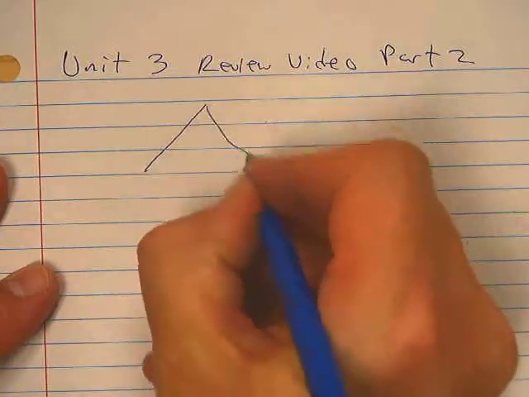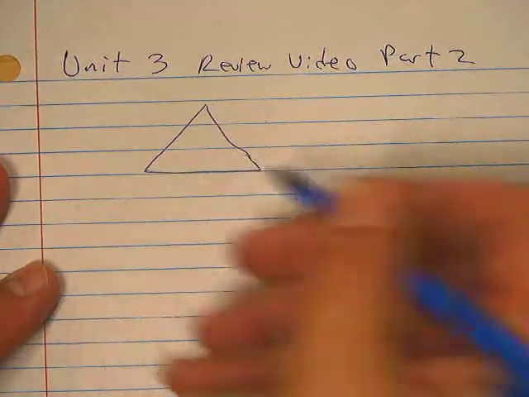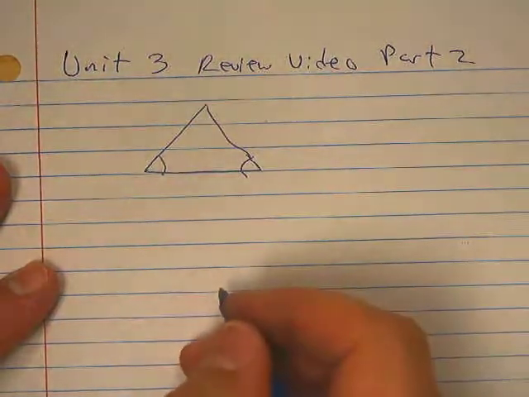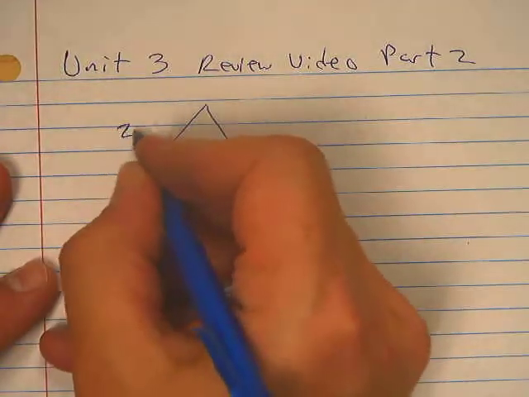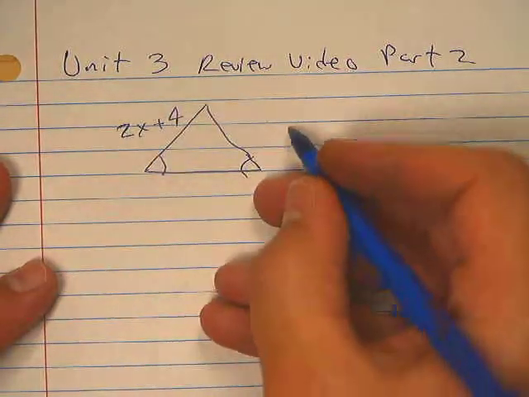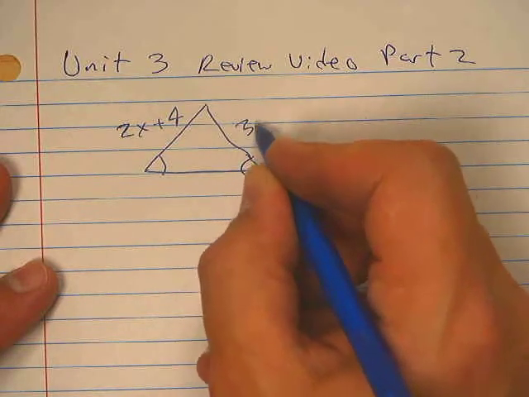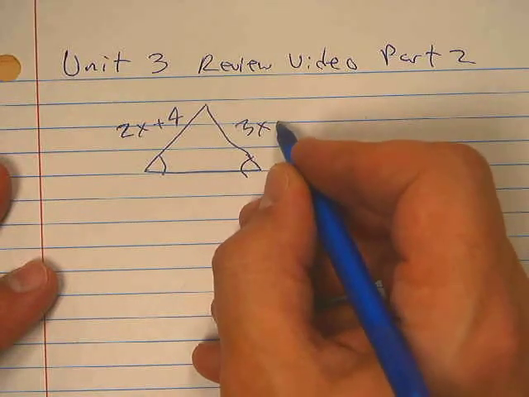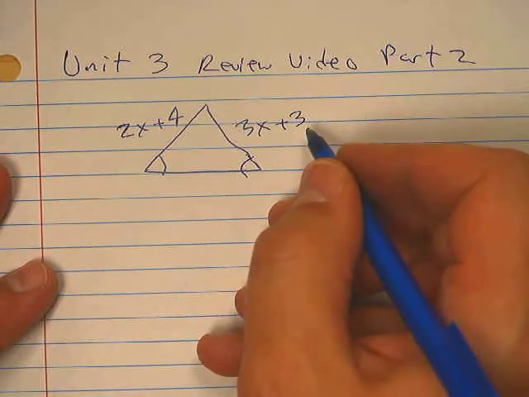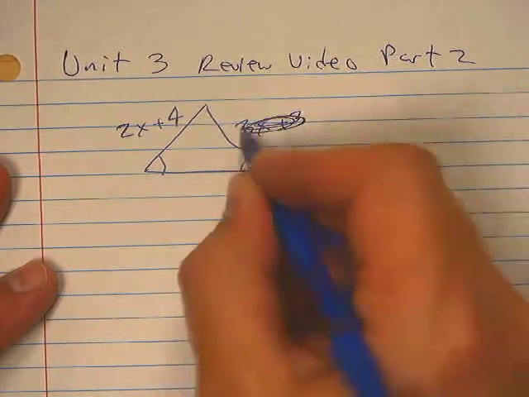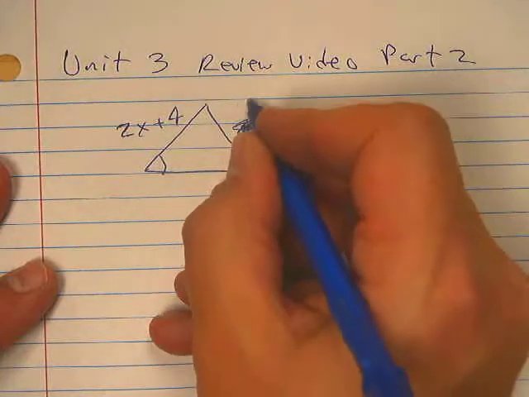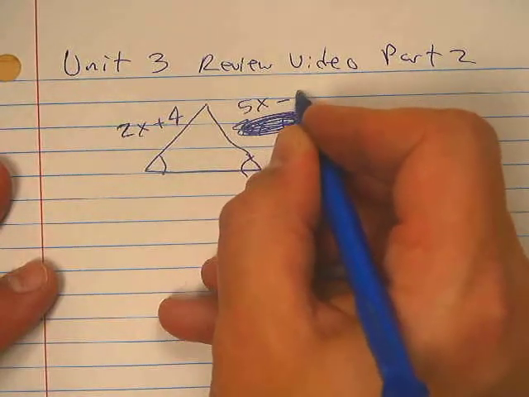First one is, again, another isosceles triangle problem. Let's say this was 2x plus 4, and this was 5x minus 5. Okay, I'm changing that, sorry.